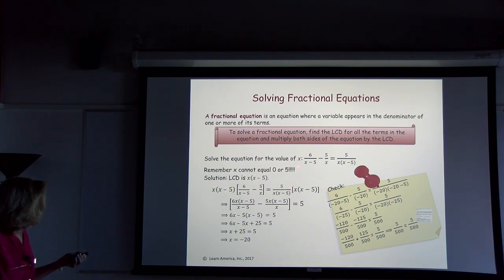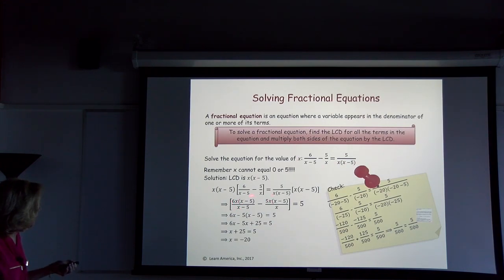So now, let's go back to the original problem, multiply through by the LCD. Some people like to just write it out in front with brackets, like we did over here, or some people write the LCD next to each one of the terms, because then you'll notice that in this case, and this is just to show you what goes on, the x minus 5 factor will divide out, leaving me with just the 6x.